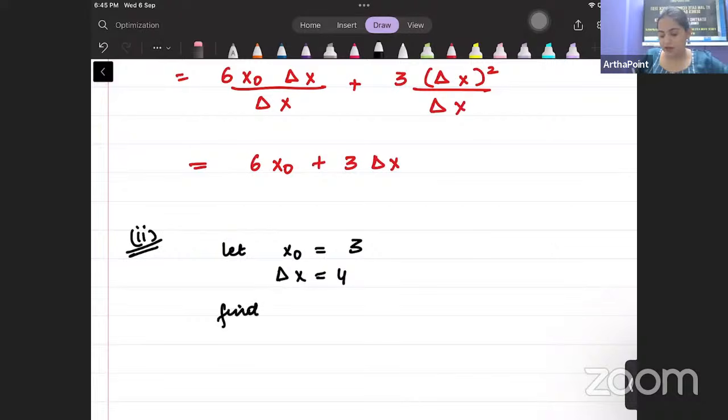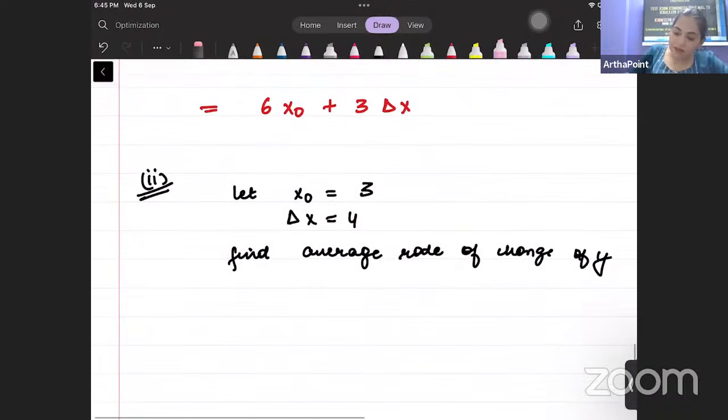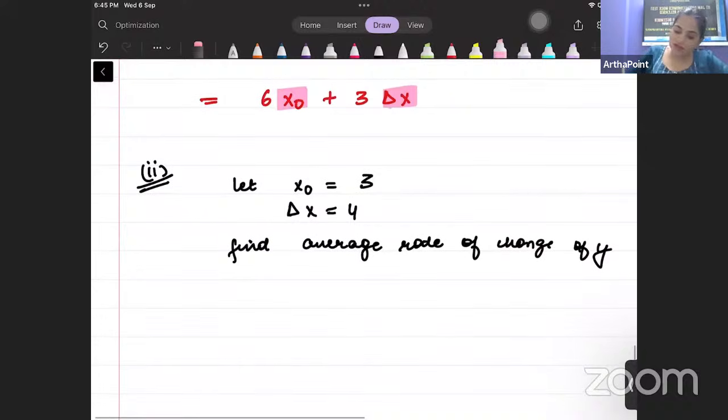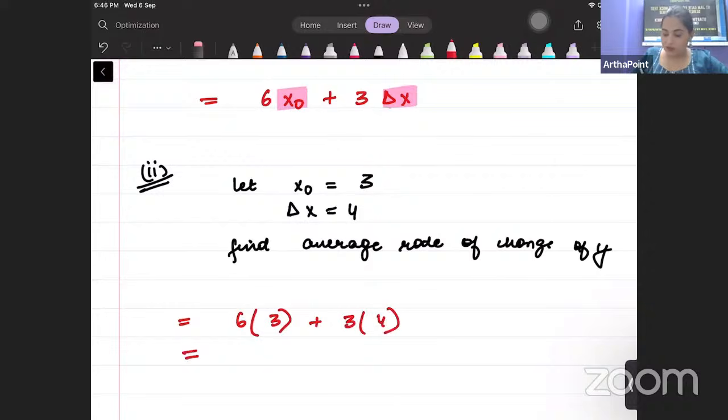Find the average rate of change of y. So beta, now I'm given these values, no? X naught be given and change in x be given, so I can just plug this in. So I will get 6 into 3 plus 3 into 4. This will be 18 plus 12.